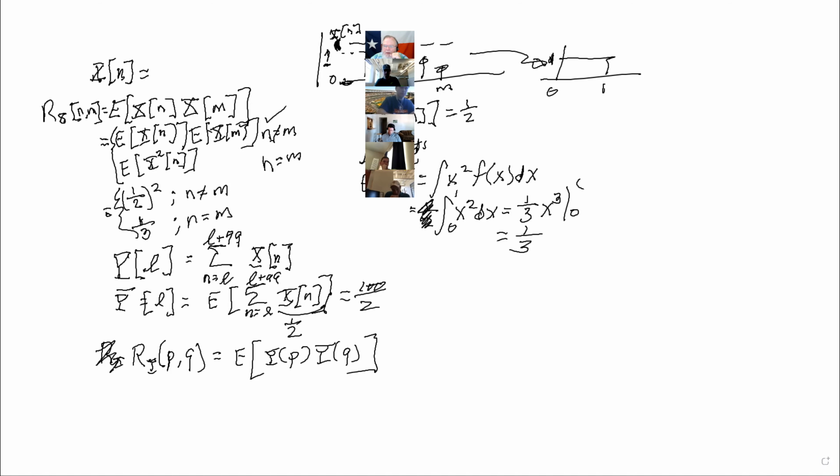That's going to be the autocorrelation of y at the points P and Q. Now, I don't plan to work all this for you, but it's a matter of substituting this into this result, and turning the crank.